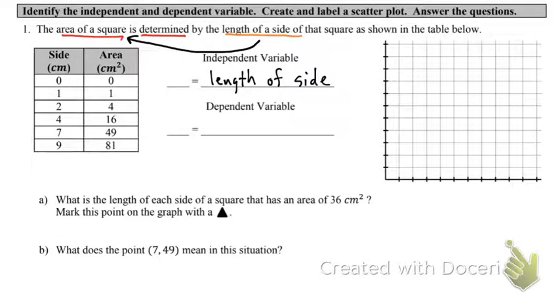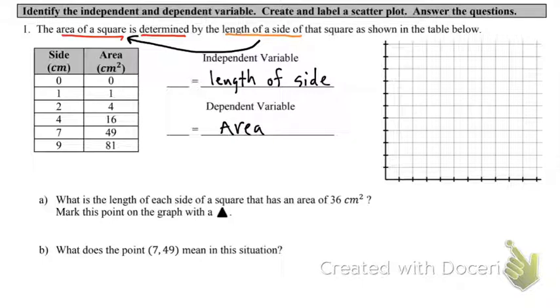So this has to be given to you. There's nothing else we need to figure out the side of a square. On the other hand, the dependent variable is the area, because in order to figure out the area of the square, we need to know the side.